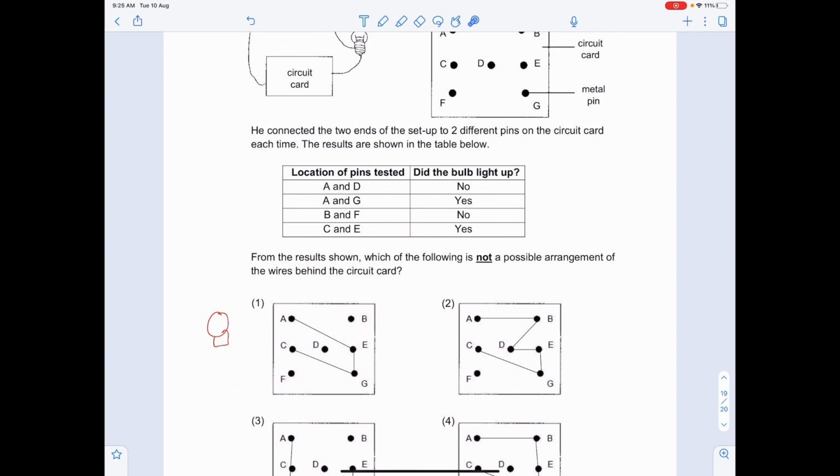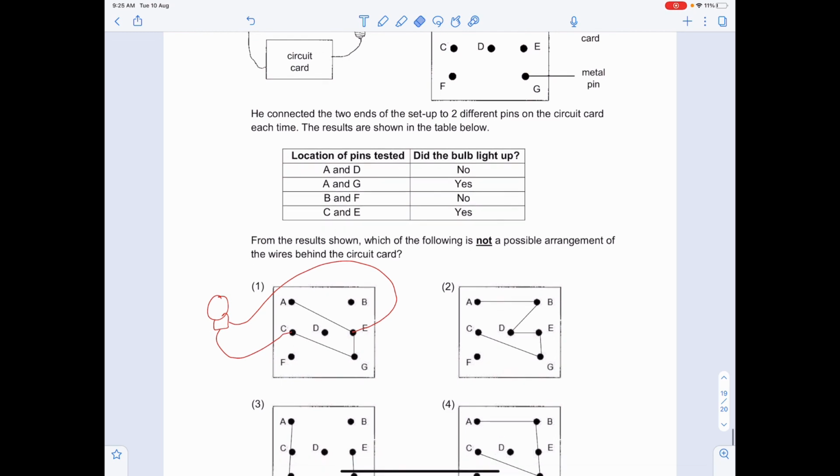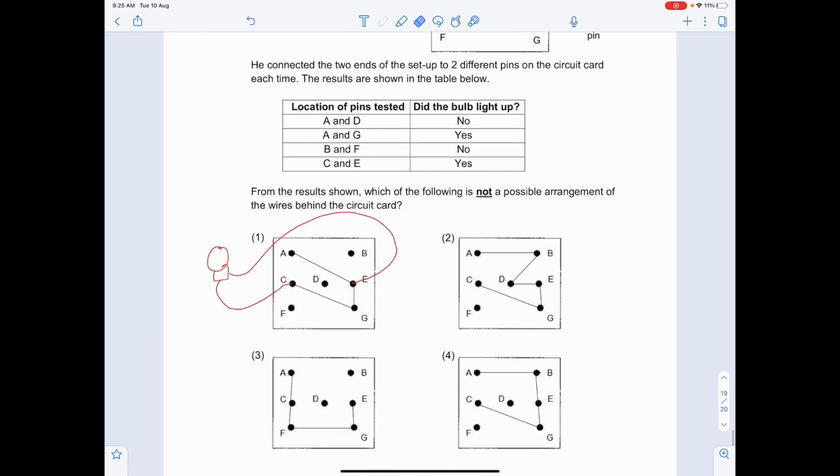Then the next one, you have C and E. One end goes to C, the other end goes to E. It will light up because it's a complete circuit. So this is correct. So 1 is actually not the answer because it will light up. Then you move on to the next one and try again.